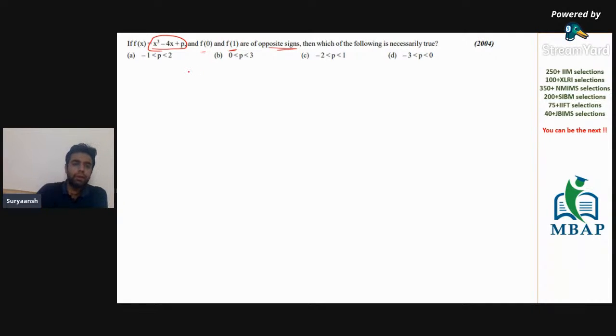So let's substitute for x. f of 0 would be 0 cube minus 4 into 0 plus p, which is p, and f of 1 comes out to be 1 cube minus 4 plus p, right?